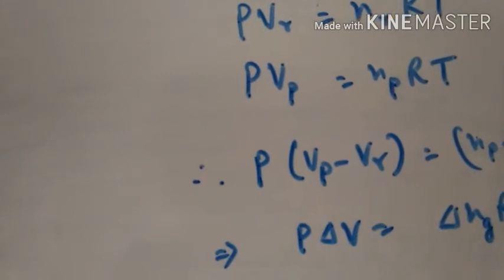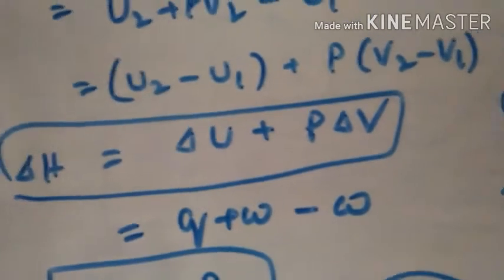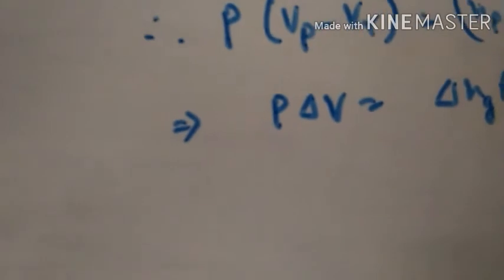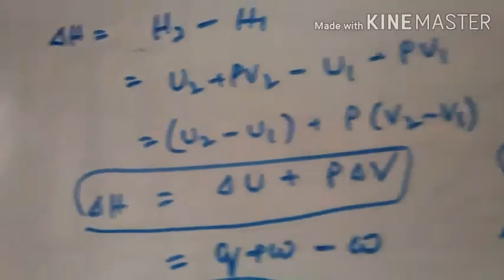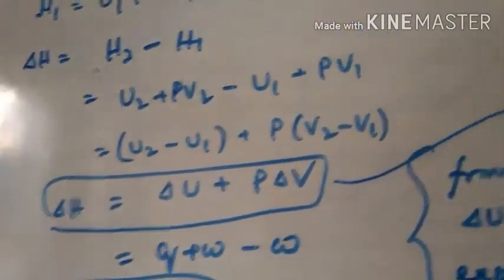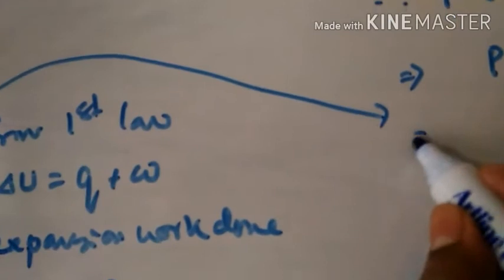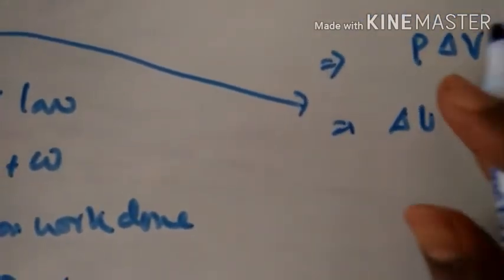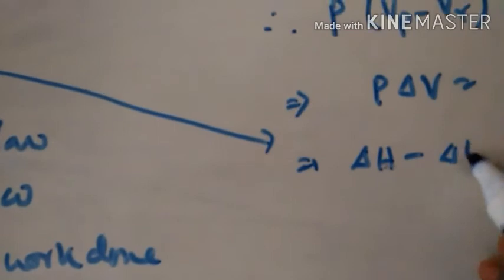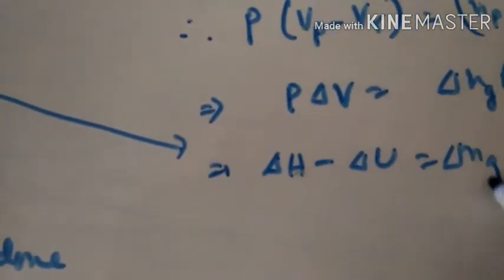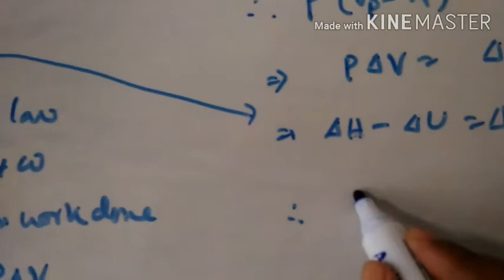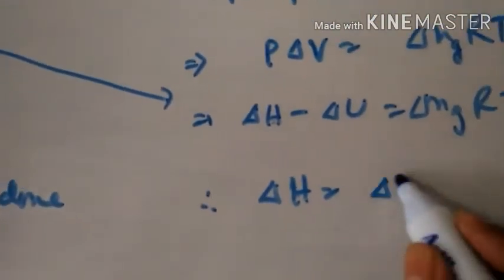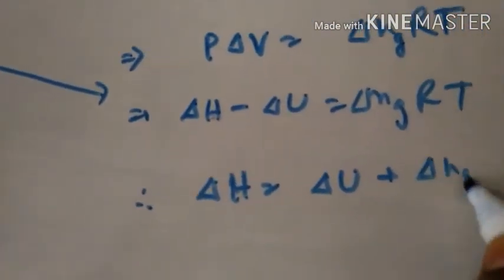Since we have already calculated P delta V, we can write P delta V equals delta H minus delta U. So delta H minus delta U equals delta ng RT, and delta H equals delta U plus delta ng RT.